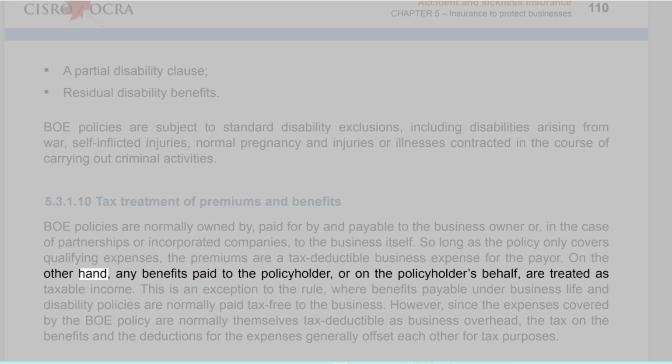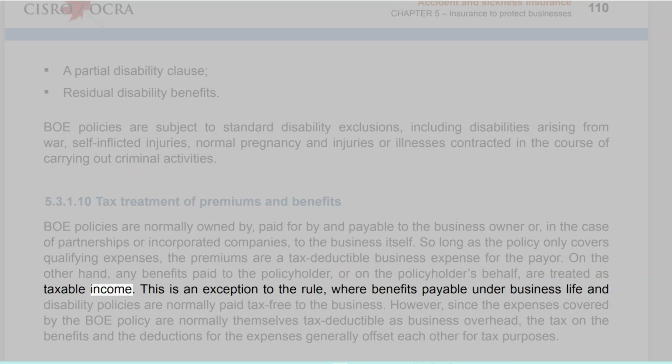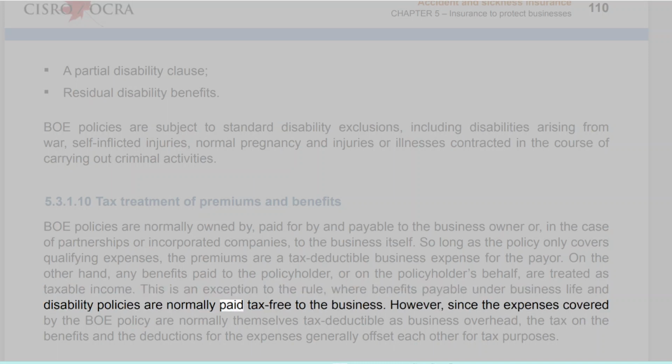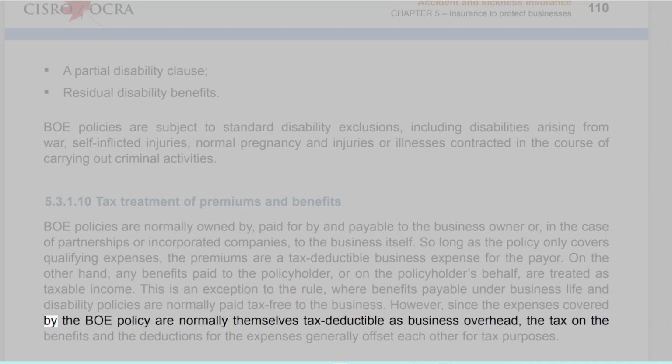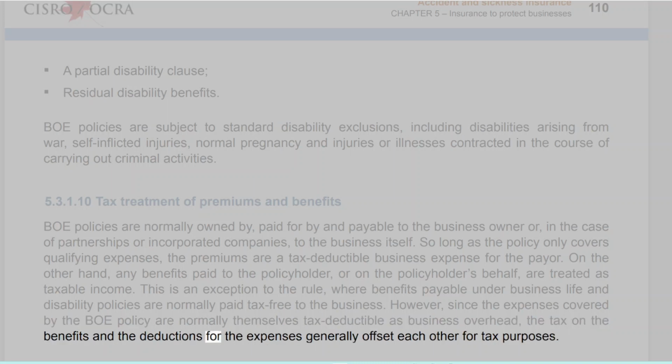On the other hand, any benefits paid to the policyholder, or on the policyholder's behalf, are treated as taxable income. This is an exception to the rule, where benefits payable under business life and disability policies are normally paid tax-free to the business. However, since the expenses covered by the BOE policy are normally themselves tax-deductible as business overhead, the tax on the benefits and the deductions for the expenses generally offset each other for tax purposes.